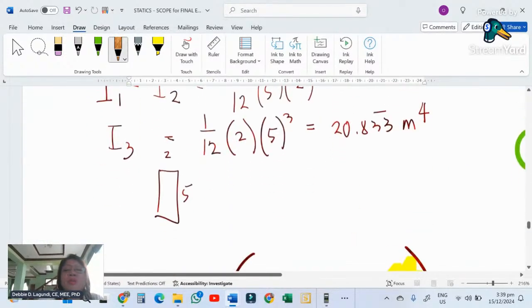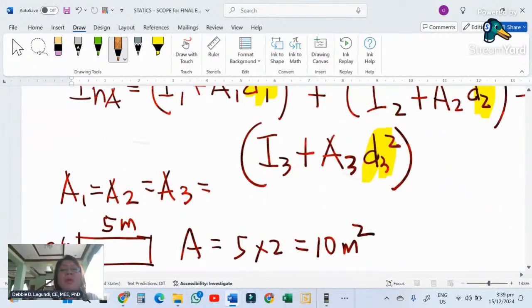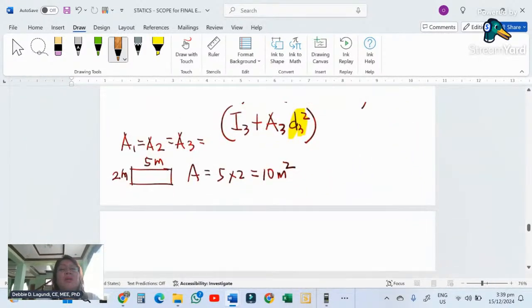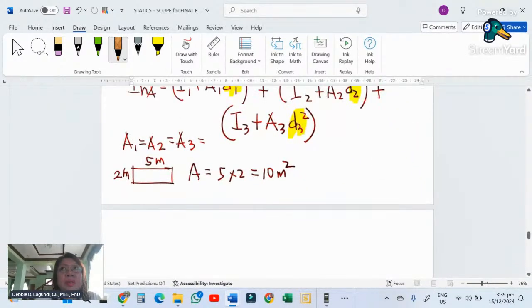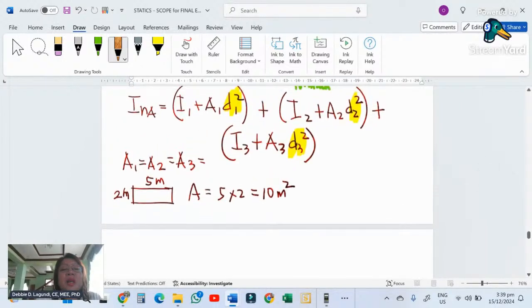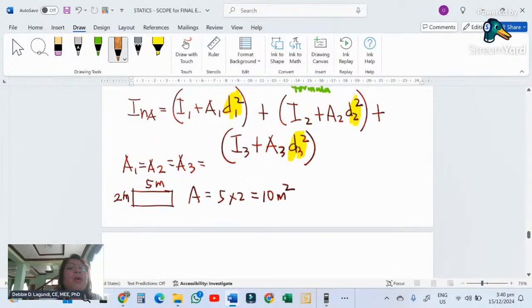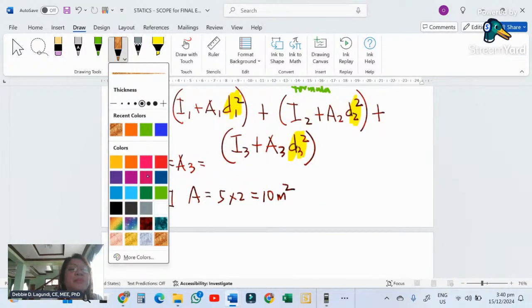So let's go back to where we are trying to compute our moment of inertia. All right, so let's continue now. We know D1, we know D2, right?